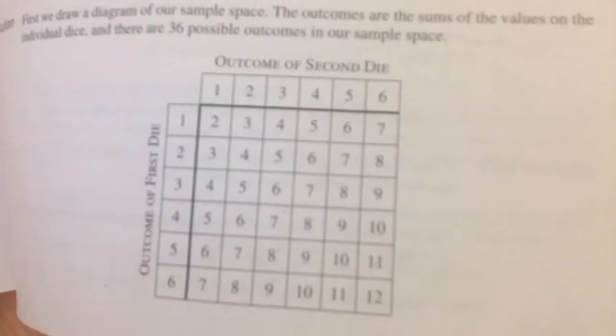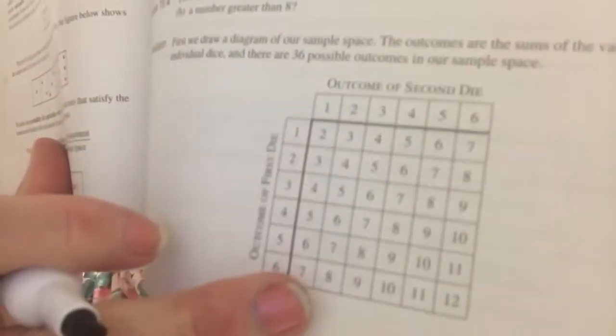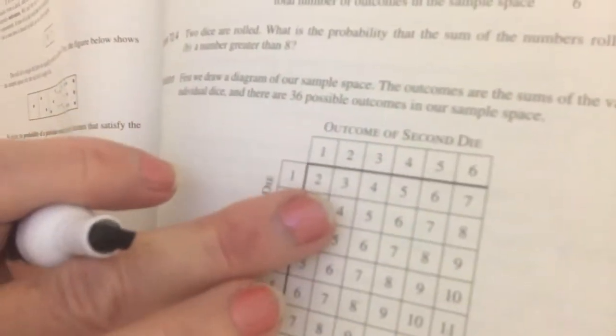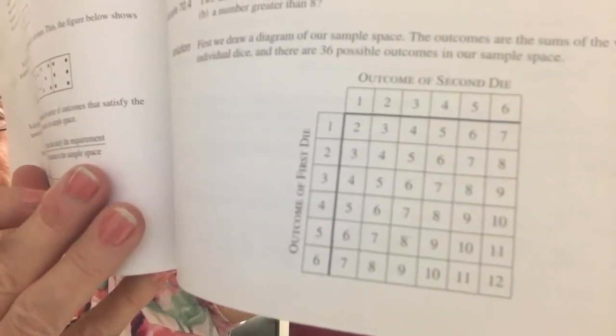Now notice what your chart has. It has down this side 1, 2, 3, 4, 5, 6, and then across it has 1, 2, 3, 4, 5, 6. And then it makes a sum chart. 1 plus 1 is 2, 1 plus 2 is 3, and so forth. It has all of the sums.